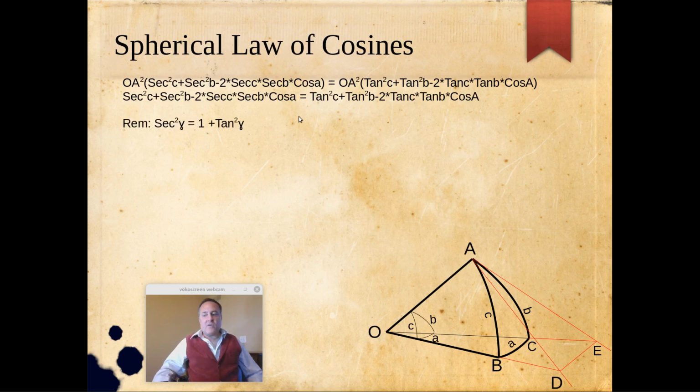And now I'm going to remind you of something that I didn't remember. I had to go look in the front of the textbook on trigonometry, but these are called the Pythagorean identities. The truth is that anywhere you see secant square of some angle, here I call it gamma, that's the same as saying 1 plus the tangent square of gamma.